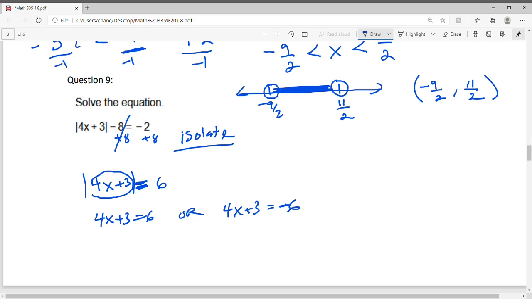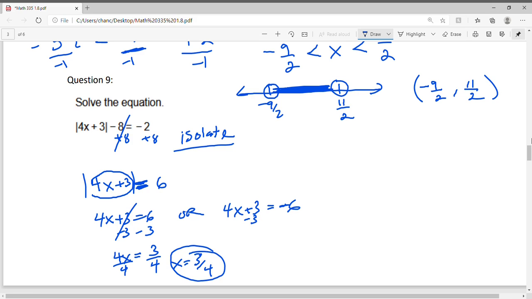So there's two possibilities. Let's subtract the 3 from both sides on the left side. We have 4x equals 3. And since I divided both sides by 4, I get x equals 3/4 for one solution.